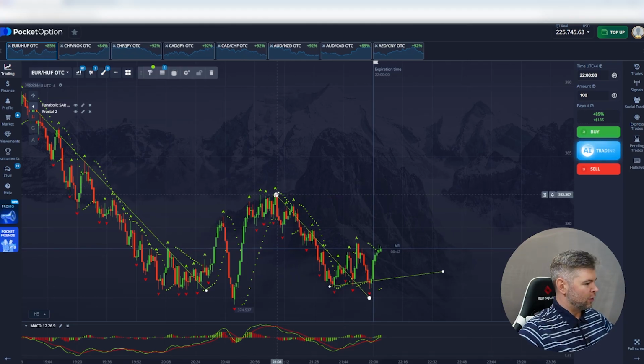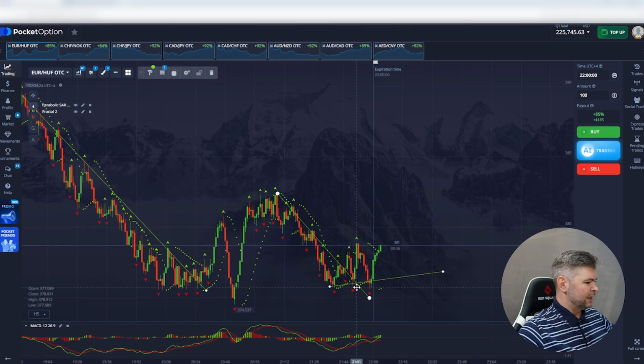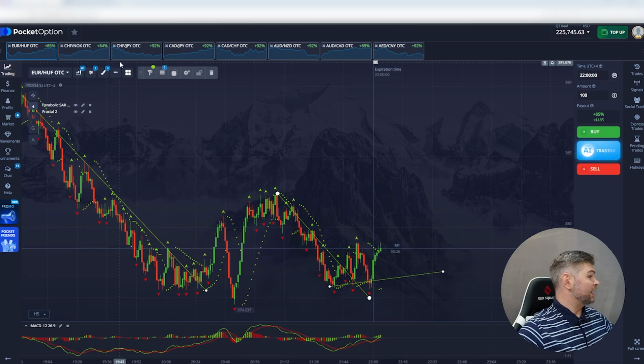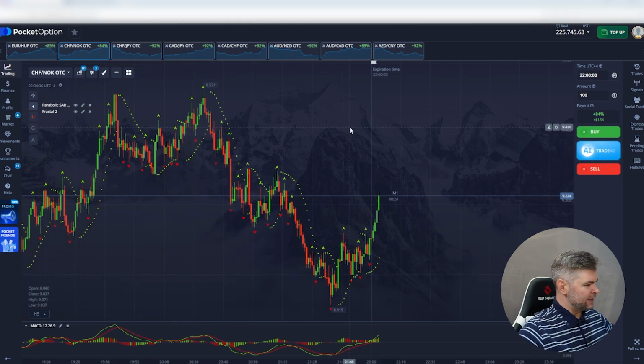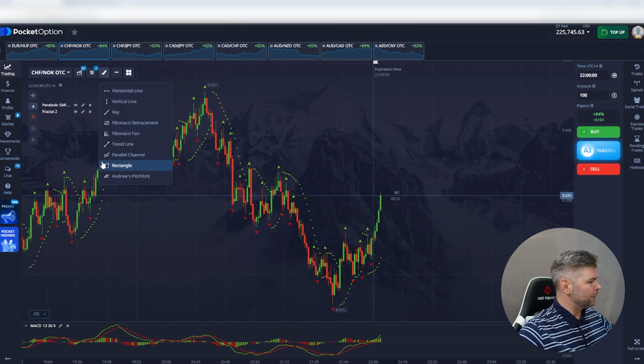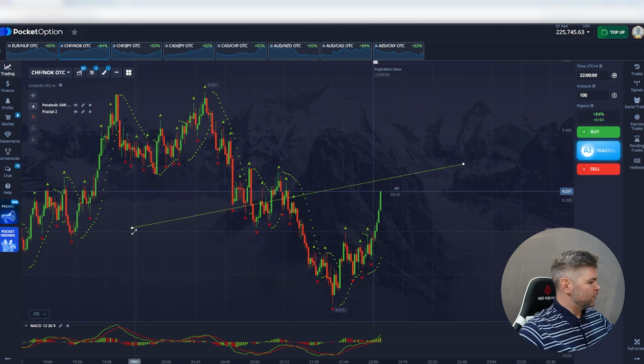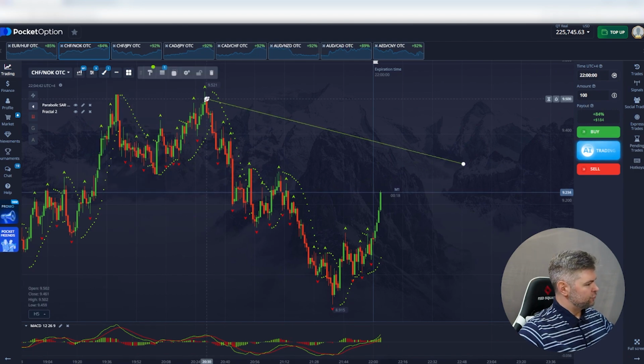Once again, there we go. Once it broke through, on this candle it broke through. We got Fractal, we got parabolic, but it is a little bit of mixed signals. I don't know. Euro Huf OTC is not really giving me clear signals, but let's see if we can hunt down something again, a little bit more concrete, a little bit more solid.